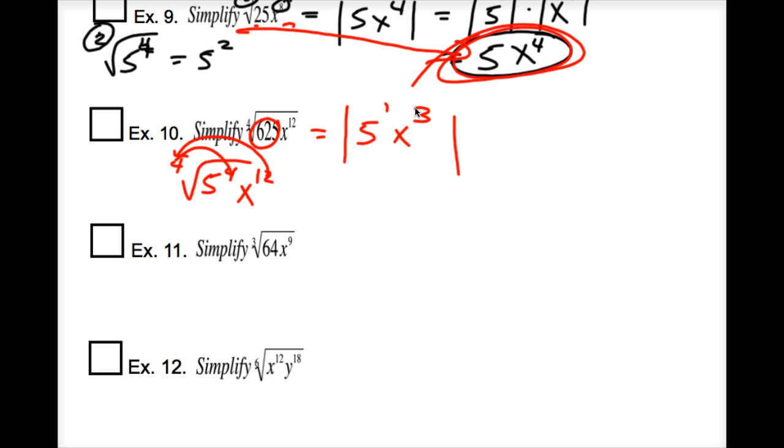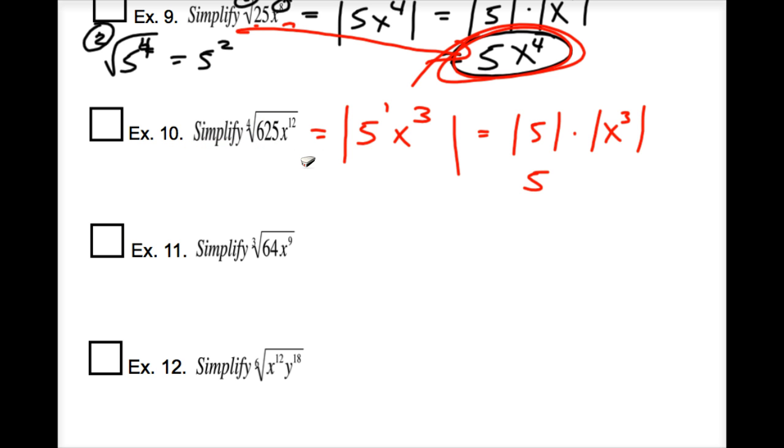So this one we can split up into the absolute value of 5 times the absolute value of x to the 3rd. Well, the absolute value of 5 is 5. The question is, is the absolute value of x to the 3rd always positive? Because you can't even root and get a negative. And the answer to that is no. I could have, at the very beginning, said x is negative 2.